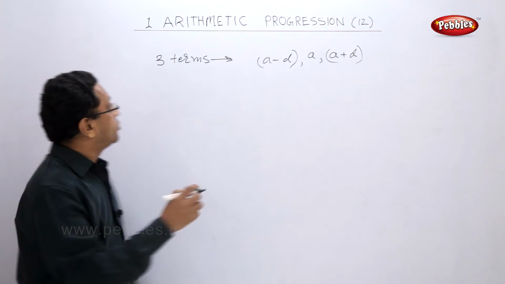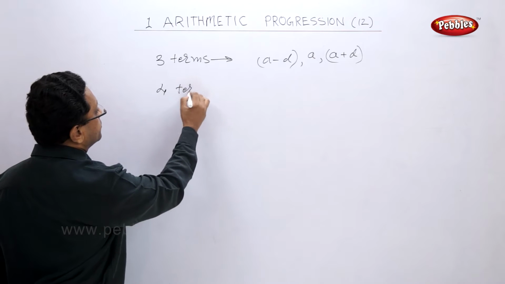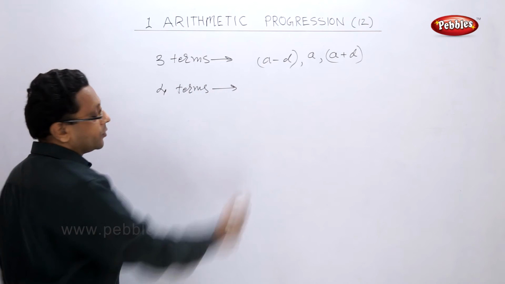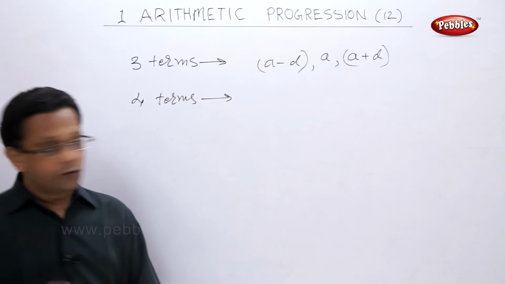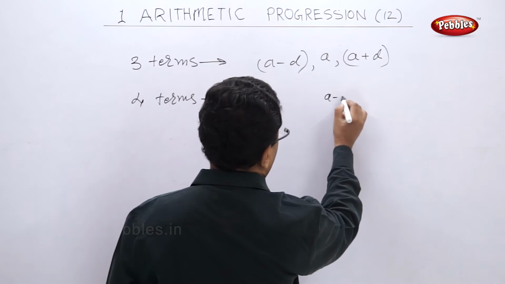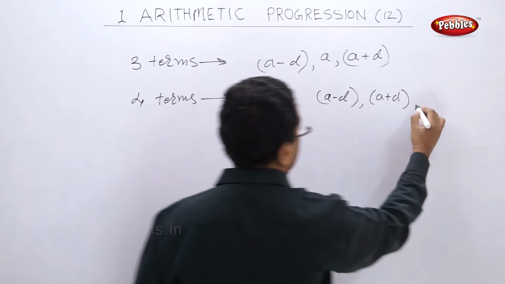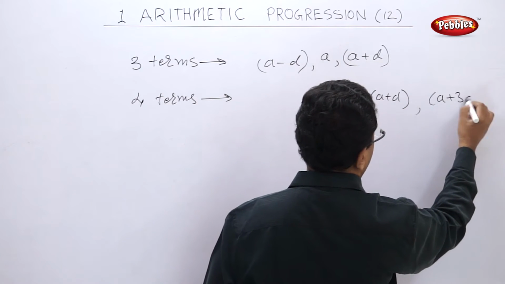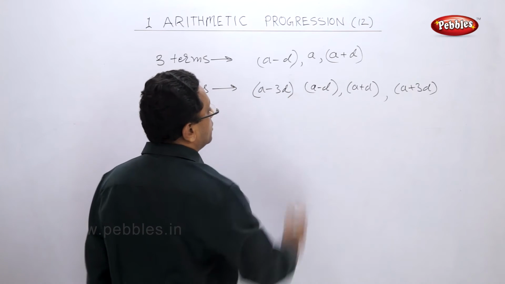Whenever you are asked to take 4 consecutive numbers, you should take a minus d, a plus d, a plus 3d and a minus 3d.